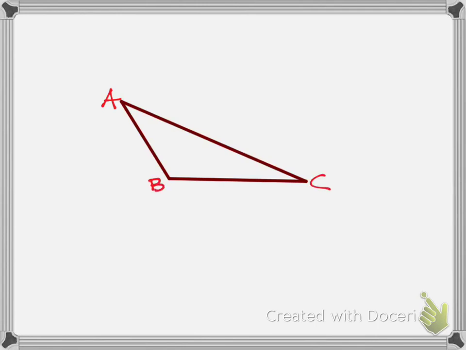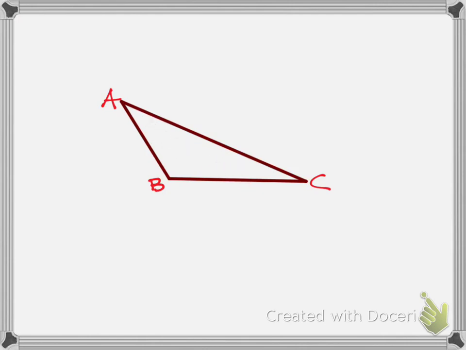So this triangle is an obtuse triangle. The first altitude I want to draw is from point A and have it come down to segment BC. But I couldn't come inside the triangle and make it a right angle.